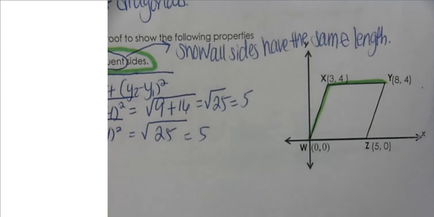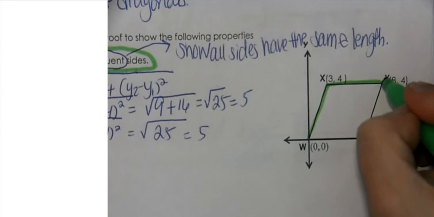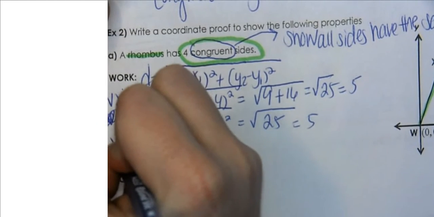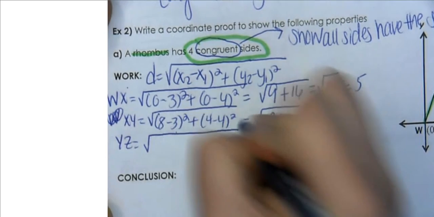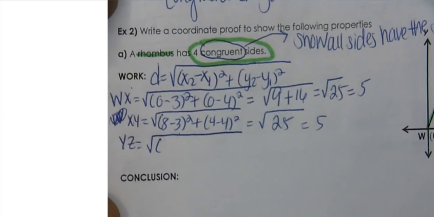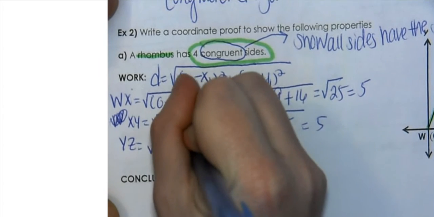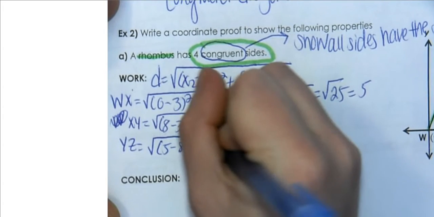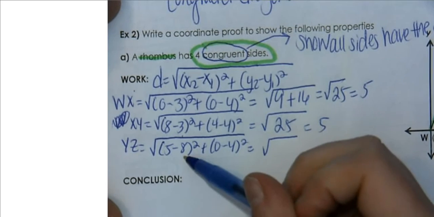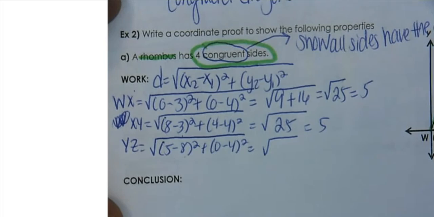My next side is YZ. Let me find that distance. You can label it whichever way you would like, but I'm going to go 5 minus 8 squared plus 0 minus 4 squared. So this is equal to the square root of 5 minus 8, which is negative 3.